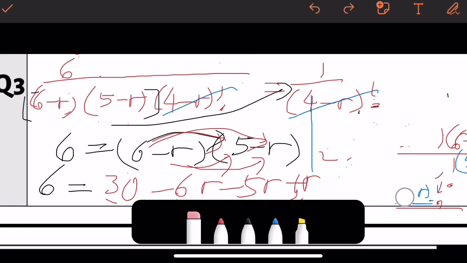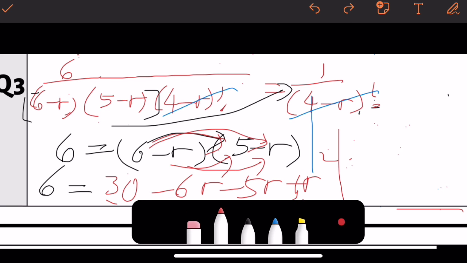Let's simplify further. We will have R squared minus 11R, and then 30 minus 6 will be positive 24, right? Okay, so if we factorize, R minus 8, R minus 3 equal to 0, right?